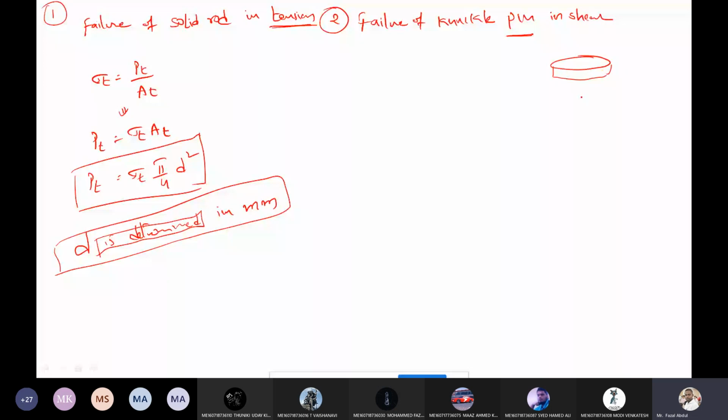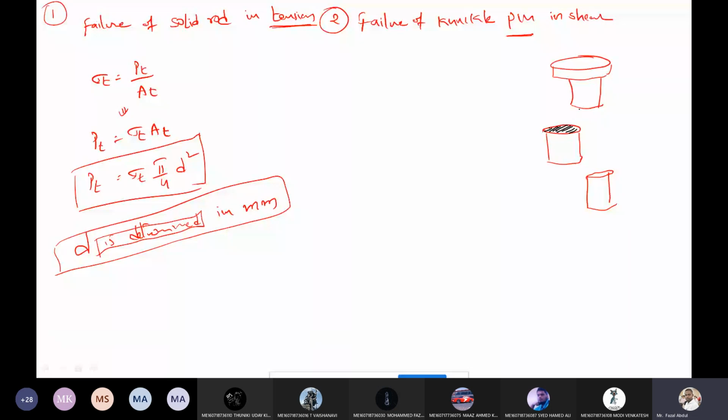So these diagrams you need to draw in examinations, Babu. You have to show where the failure is happening and how it is going to fail.